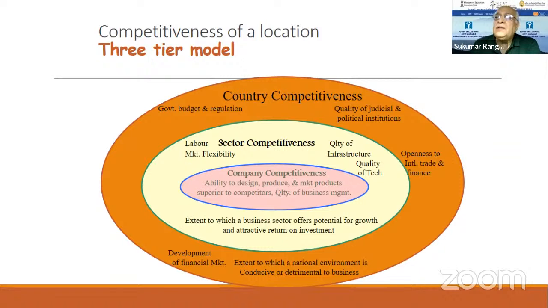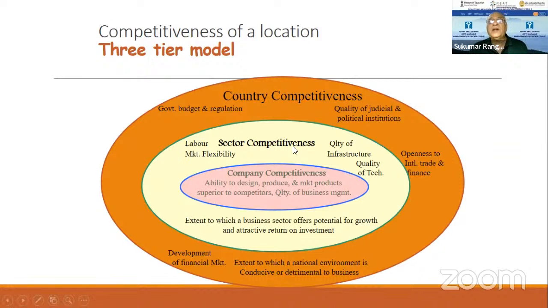Intel chips, most of the design is happening in India, Bangalore, but lithography is done in Sweden and the wafers in Korea, and across the world. So company competitiveness is the primary reason for location.